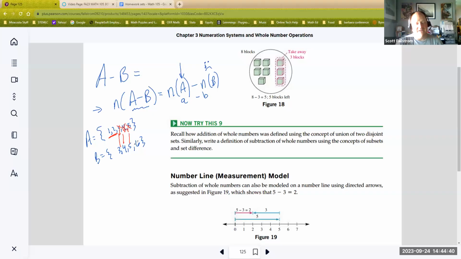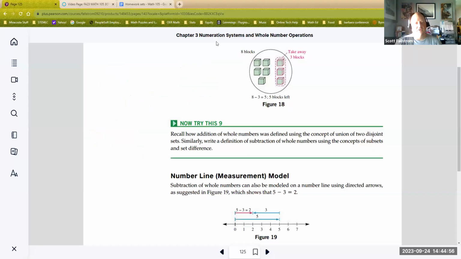And 5 minus 4 does not equal 2. So remember, the only things being removed are the pieces that they share, not everything that's in B.